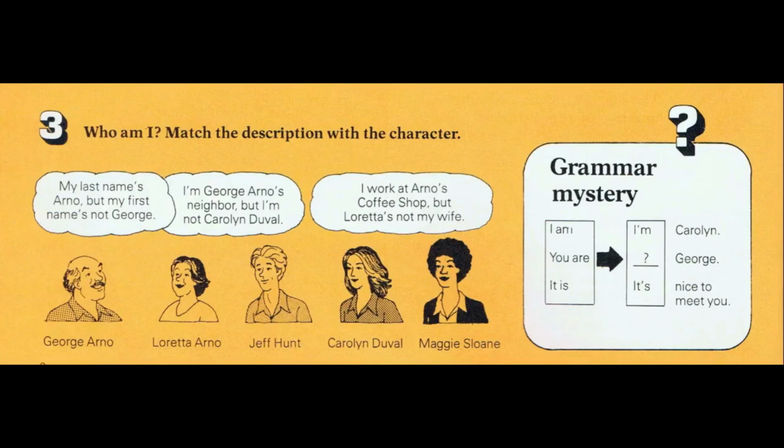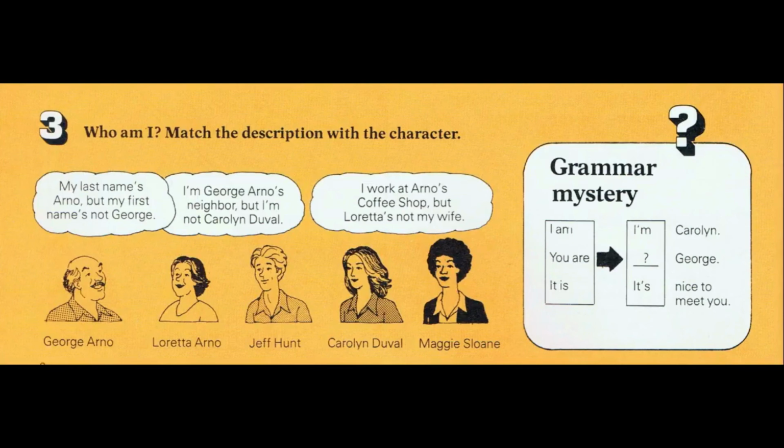Alright, let's read it. My last name's Arno, but my first name is not George. So, if it is not George, then it is Loretta Arno. We have only 2 Arnos. The second one. I am George Arno's neighbor, but I am not Carolyn Duval. So, who should the person be?